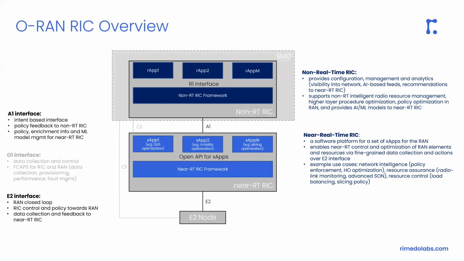And then the O1 interface is also used here to add additional feedback or performance measurements more collectively, more in a statistical manner, more as KPMs from the E2 nodes and from the near real-time RIC to the SMO. And then those are used by the rApps to provide and guide the policies down to the near real-time RIC.